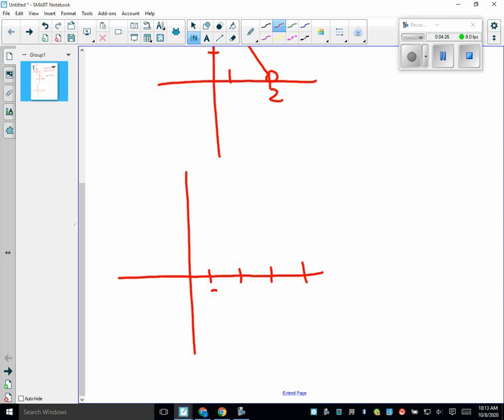This is A, this is B, this is C. All right? Here is my picture. Here is my graph. All right?